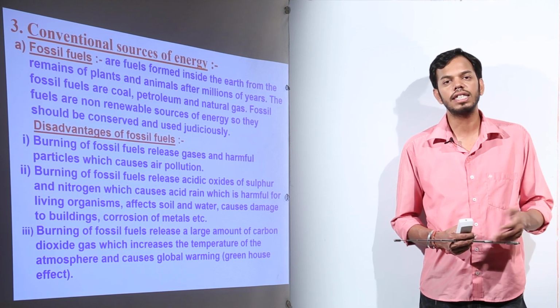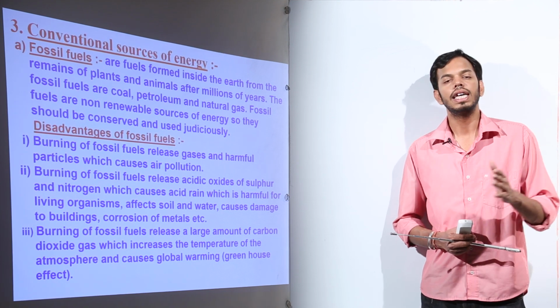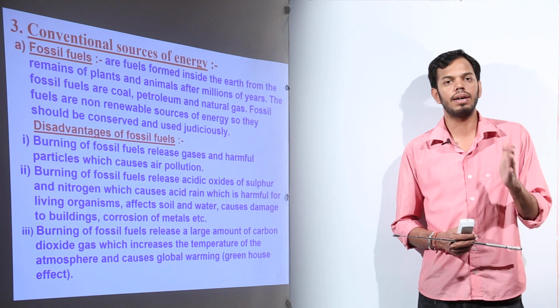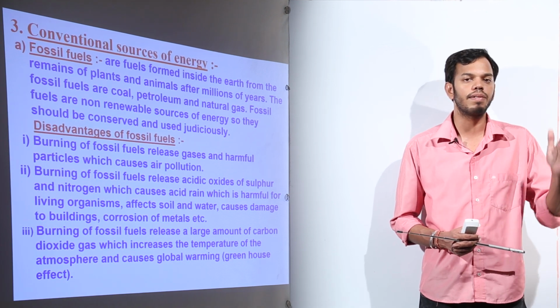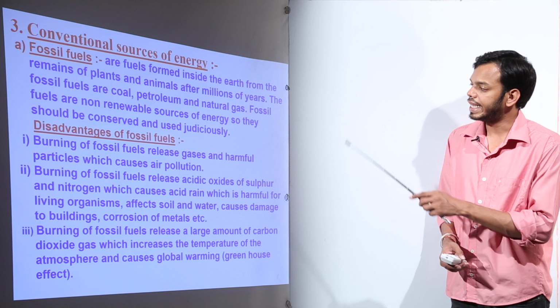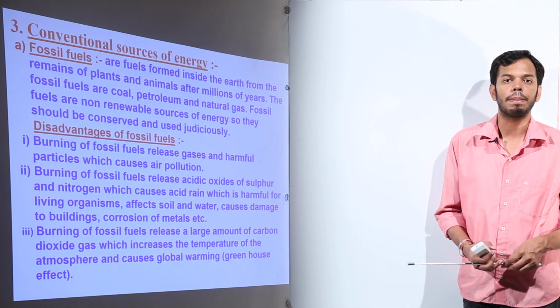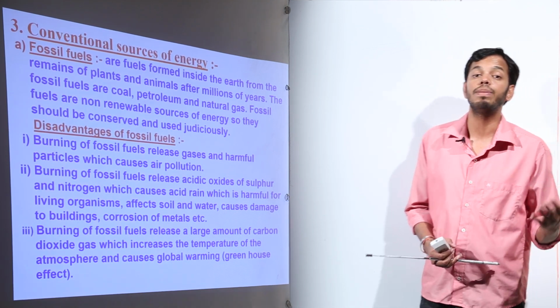For example, water has a pH value of 7, it is in between. The acidic and basic values vary from 1 to 14. So when acid rain happens, the acidic nature of the water will be very high.